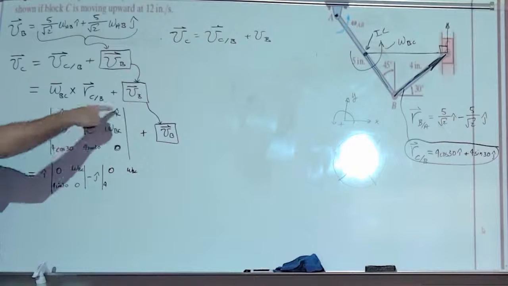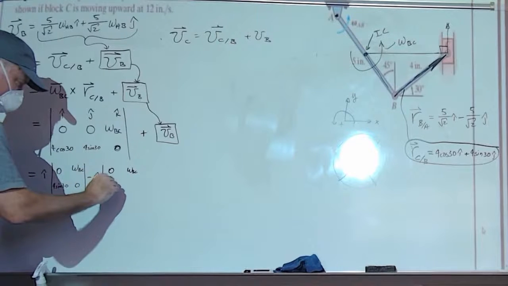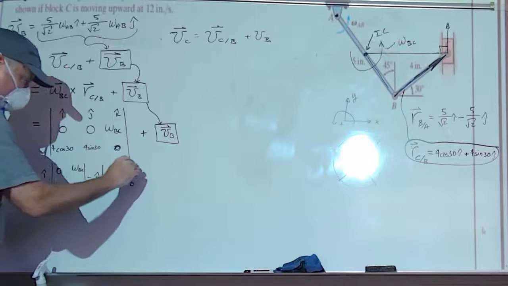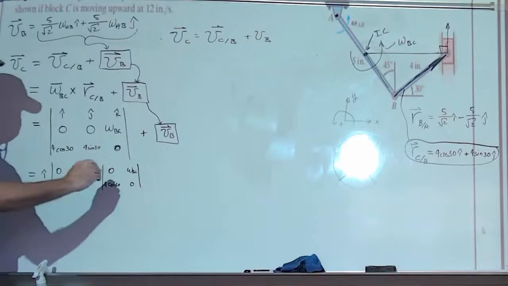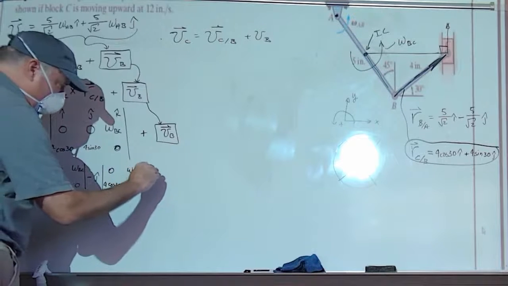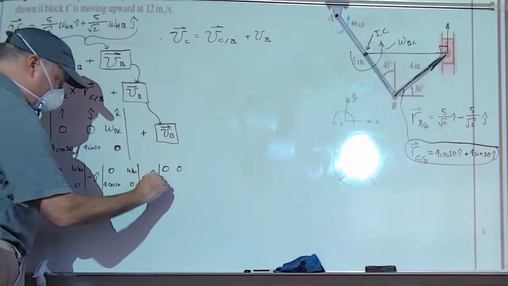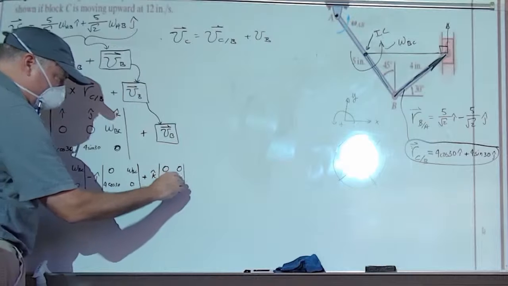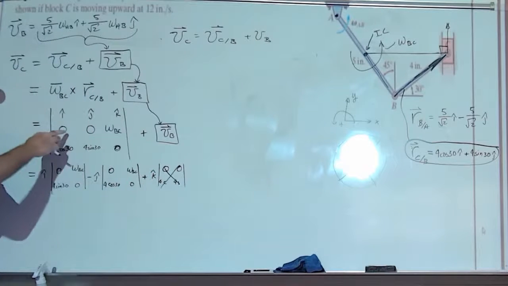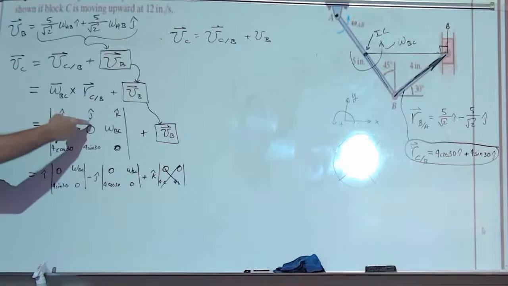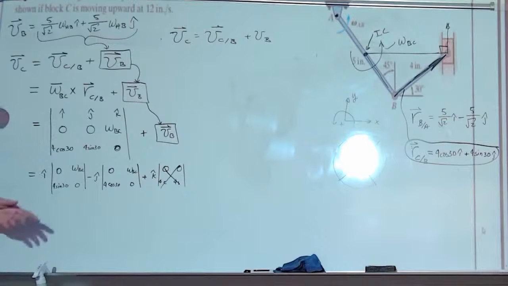Did I do that right? And there isn't a k, but if I felt like writing it, 0, 0, 4 cosine, 4 sine 30, those are going to go away because these two are going to knock out those, and there is no k component.